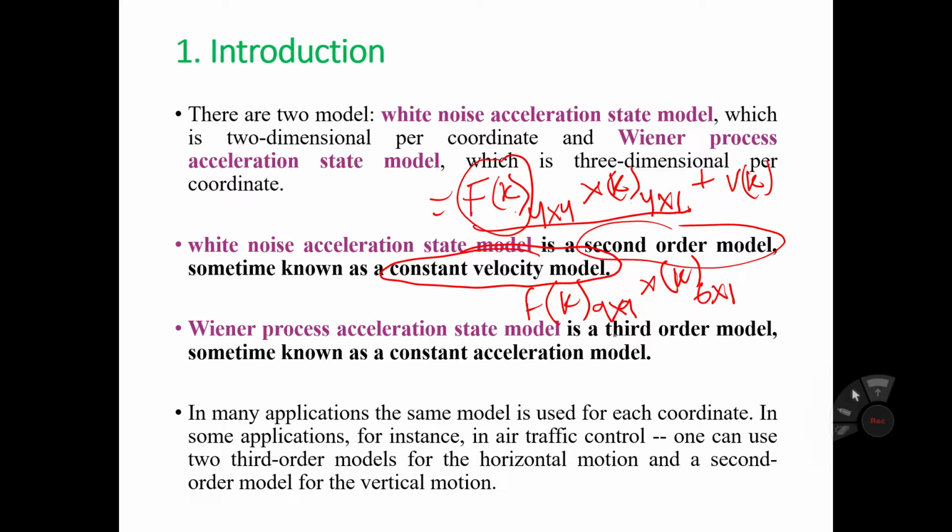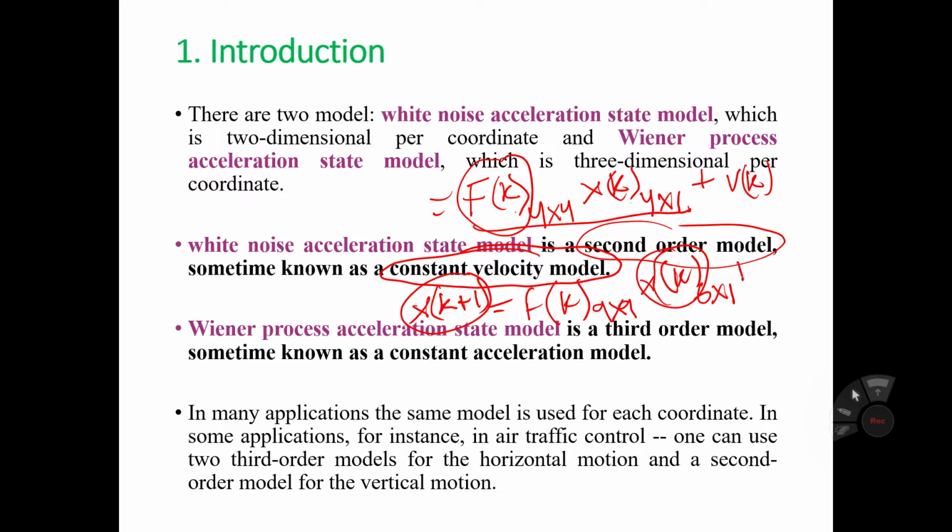When f of k is multiplied with x of k, this will add the acceleration. It is sometimes known as the constant acceleration model because to get the next state of the object, x of k plus 1, we use this model, which adds the acceleration to the current state to get the new state.